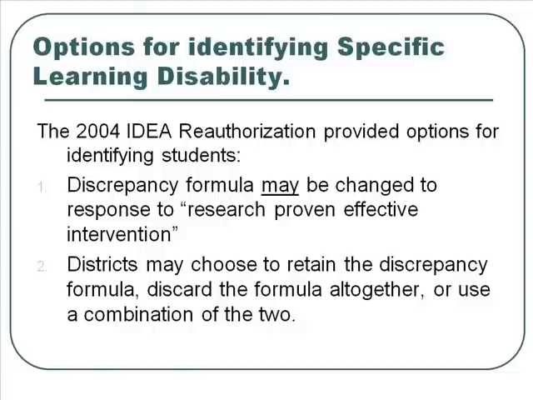Prior to 2004, the only method for qualifying students with specific learning disability was the discrepancy model. In this model, the student needed to exhibit a pattern of strengths and weaknesses in performance, achievement, or both, relative to their intellectual development.